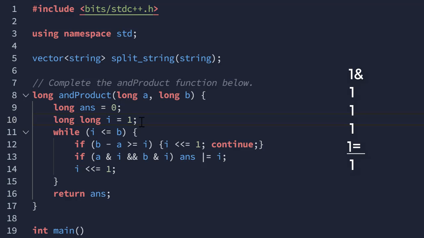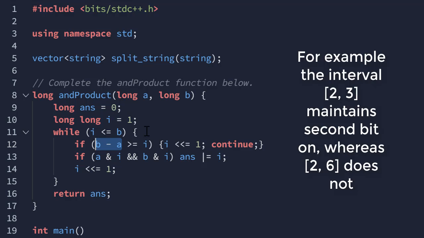Since we are talking about consecutive numbers here, we can easily ask if a bit is gonna be on in every number. We just have to consider the maximum number of numbers in which that bit can remain on.